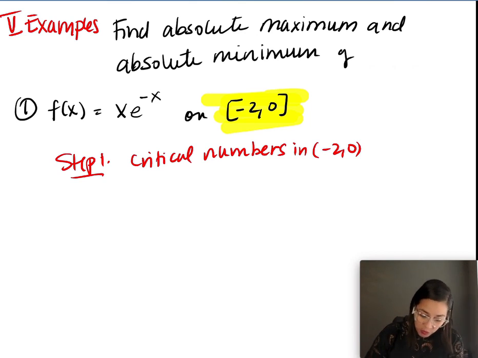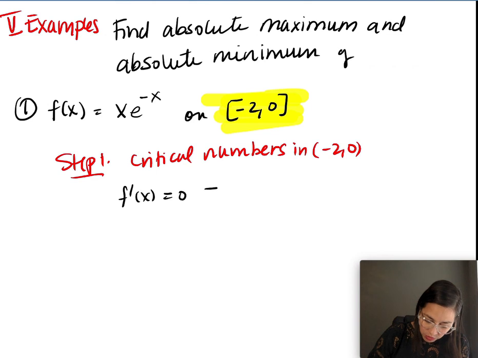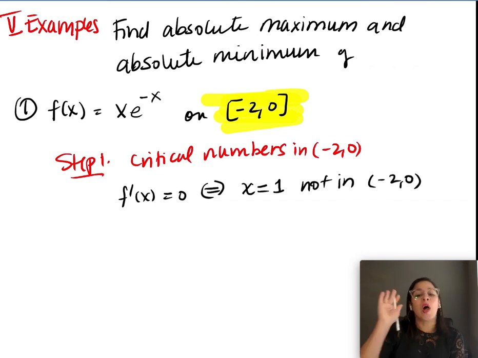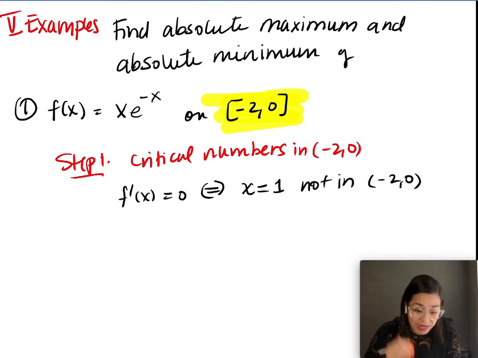So we saw that f prime of x is equal to 0 if and only if x is equal to 1, okay? But this is not in -2, 0, so I will not consider 1 in my next step.